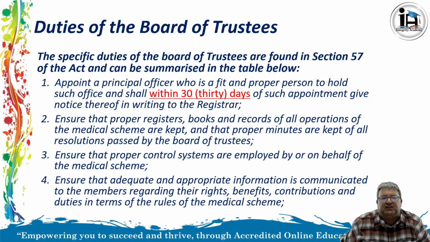So the specific duties of the Board of Trustees are found in Section 57 of the Act and can be summarized in the table below. Number 1, appoint a principal officer. Who can tell me? Yes, fit and proper, always, as you know by now. You see, it helps to repeat. You automatically know it.